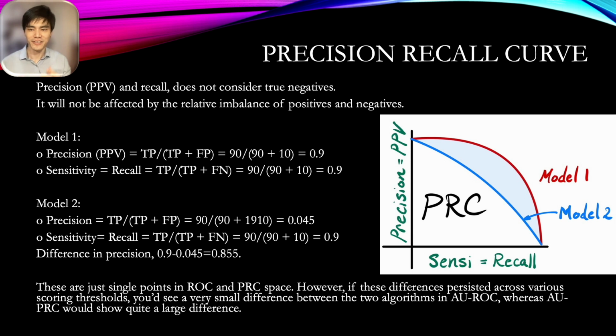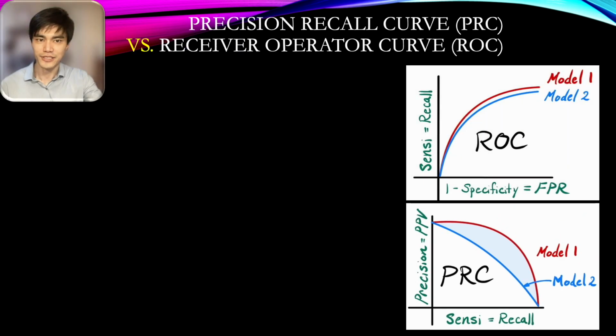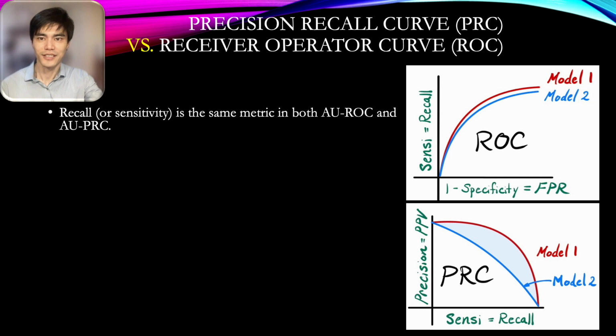And yes, these are just single points in ROC or PRC space. However, if these differences persist across various scoring thresholds, you'd see a very small difference between the two algorithms in area under the ROC, whereas for area under the precision recall curve, you would see a quite large difference. Let's compare it side by side.